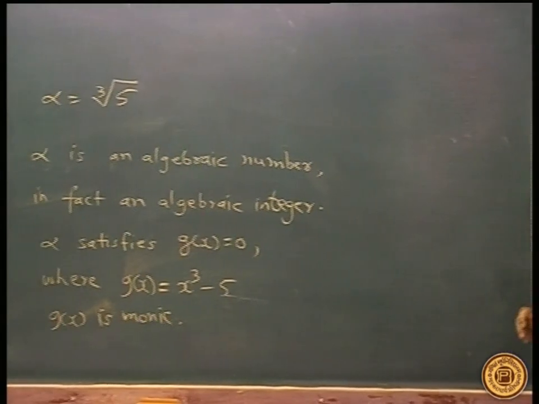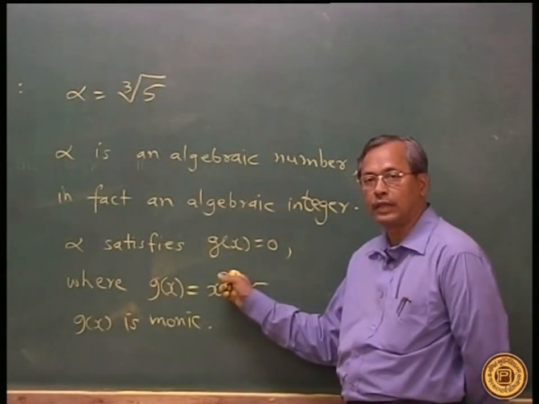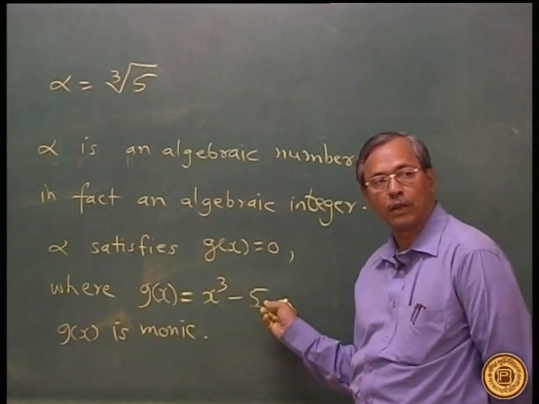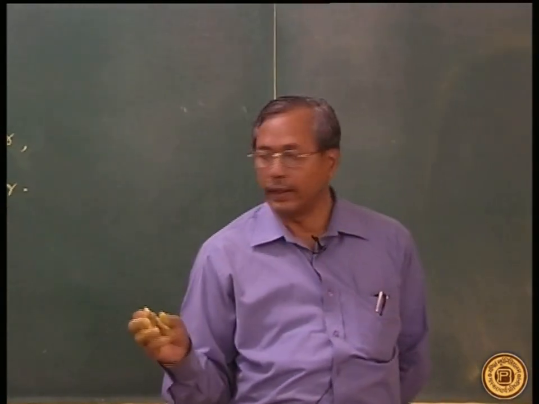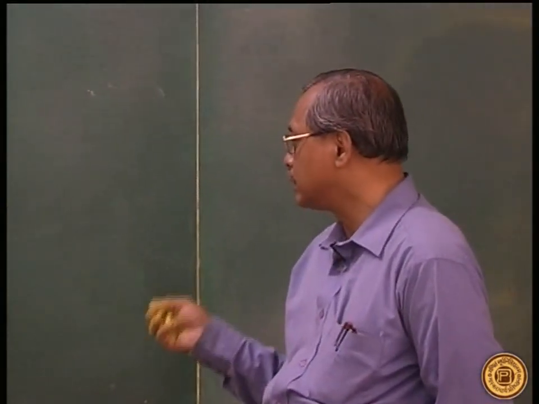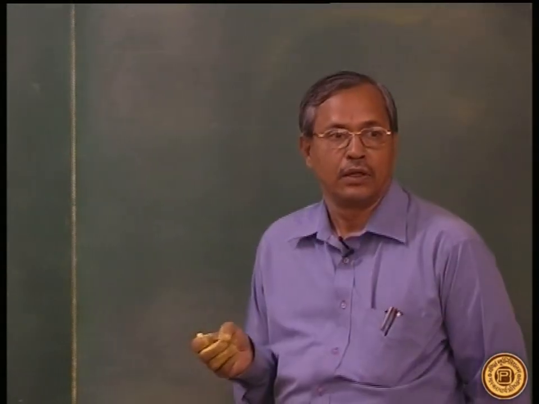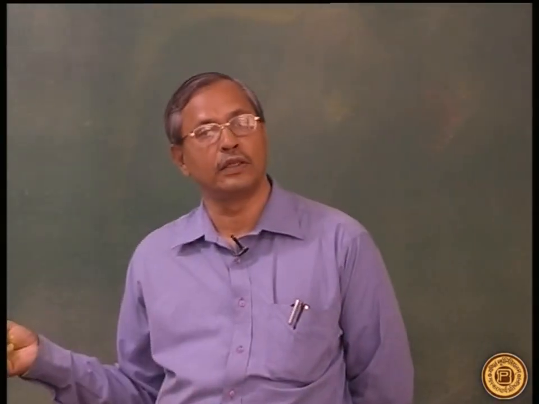Another way of doing that is that this polynomial is of degree 3. If it is reducible, then what can you say about the factors? So if you write g as g1 into g2, then one of the factors is of degree 1 and the other is of degree 2.